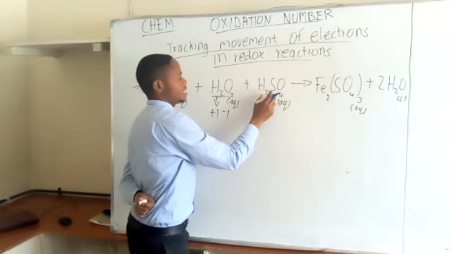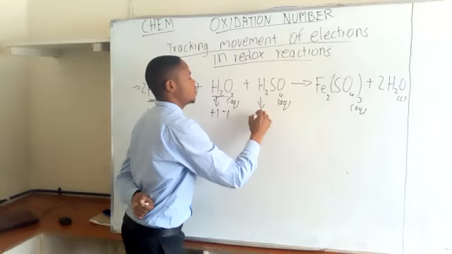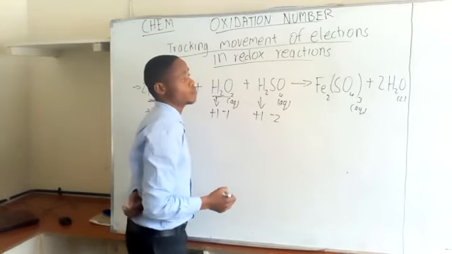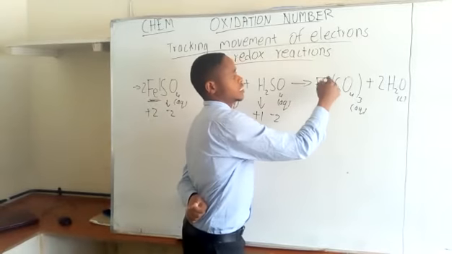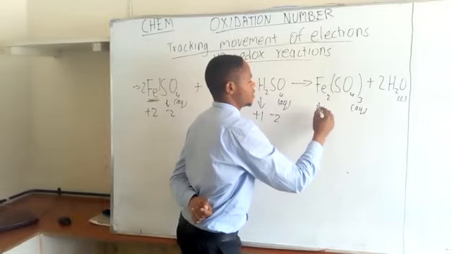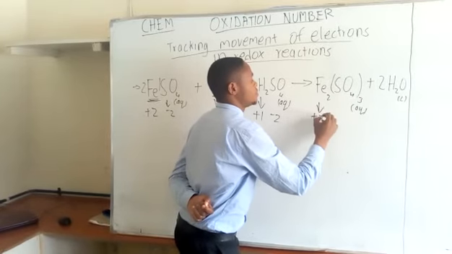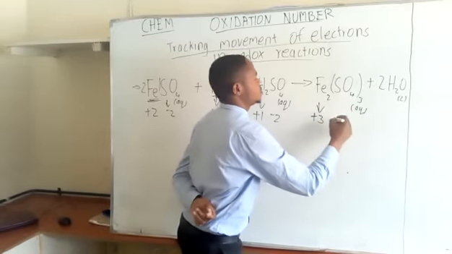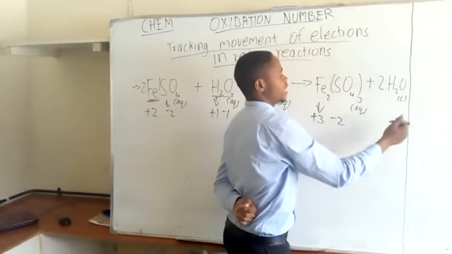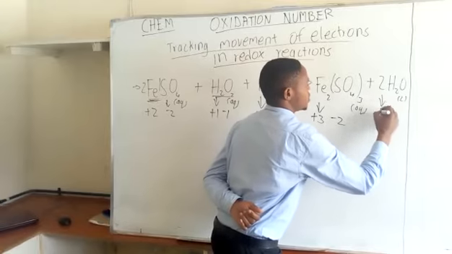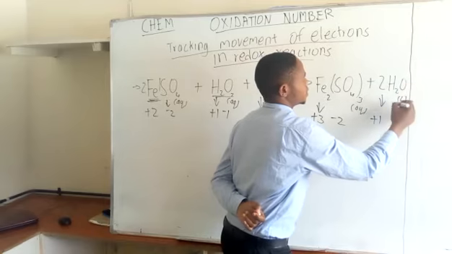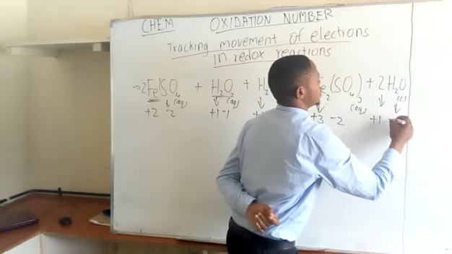Hydrogen in the acid here has an oxidation number of +1. Sulfate has an oxidation number of -2. In this case, now this is iron 3, so the oxidation number of iron here is +3. Sulfate, as usual, should be -2. Hydrogen in the water has an oxidation number of +1, and oxygen in water has an oxidation number of -2.